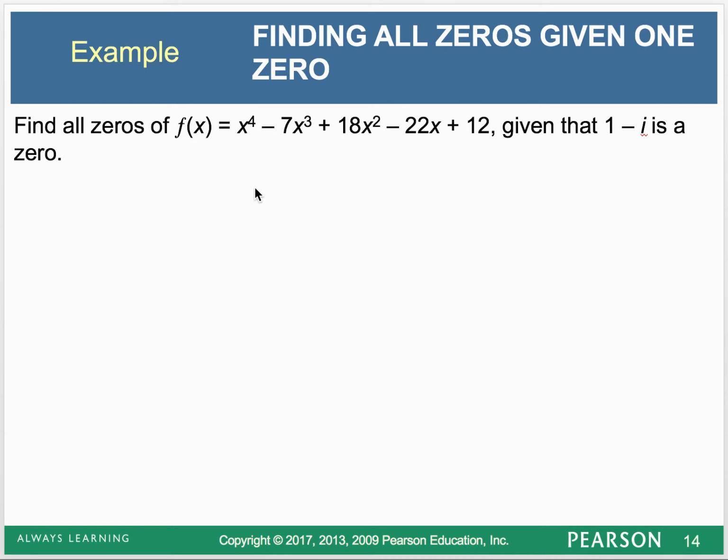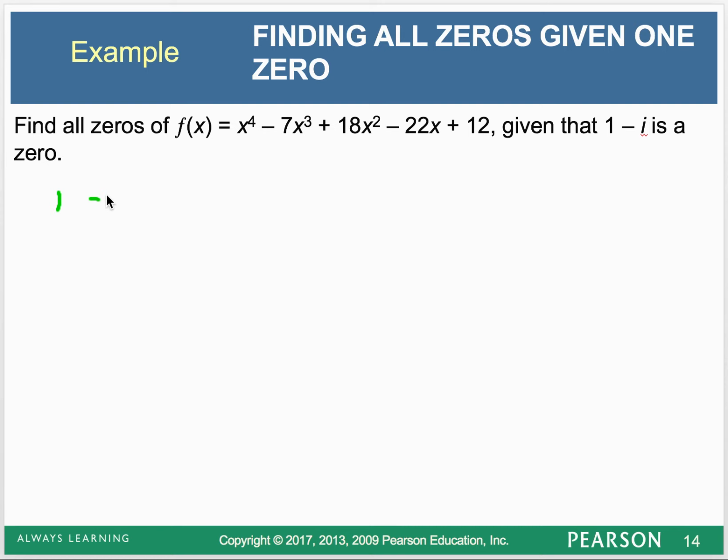All right, so if I'm trying to find my zeros, but I'm given one of them, I can just start right there. I don't need to do my p's and q's yet because I know what one of them is, right? So there's not any missing terms.